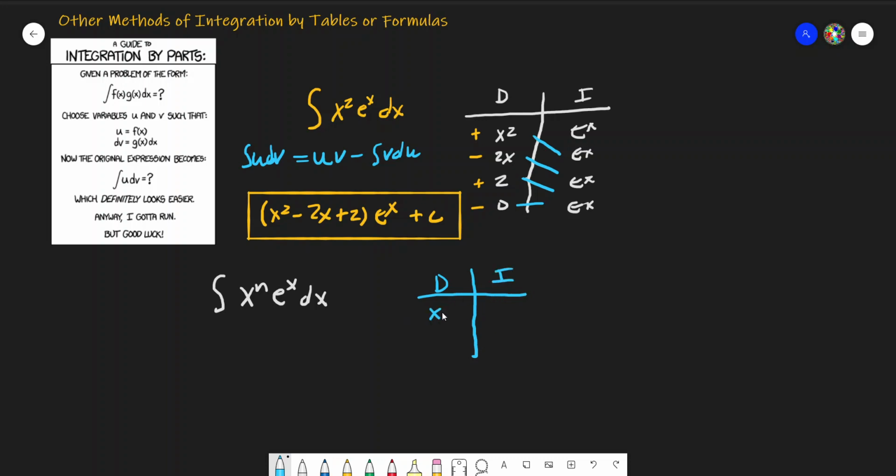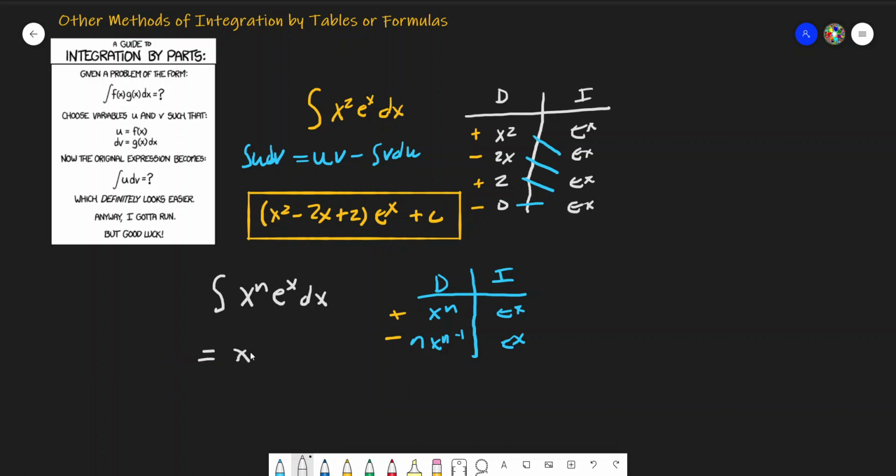So we have x to the n, and then we have n times x to the n minus 1, and then we have e to the x, and then we have e to the x, and of course the signs alternate. So in any case, this would be, well, not the integral, right?